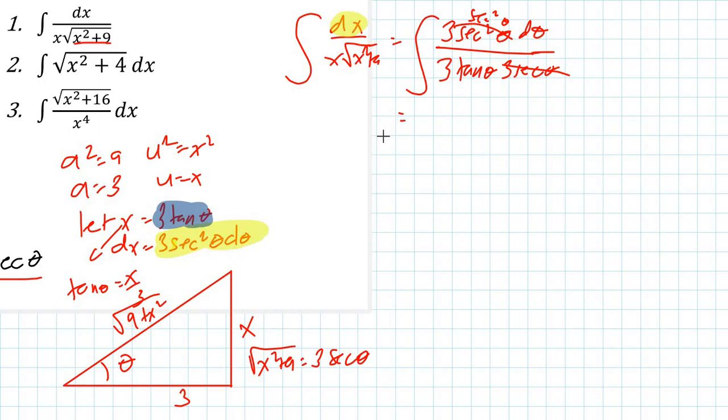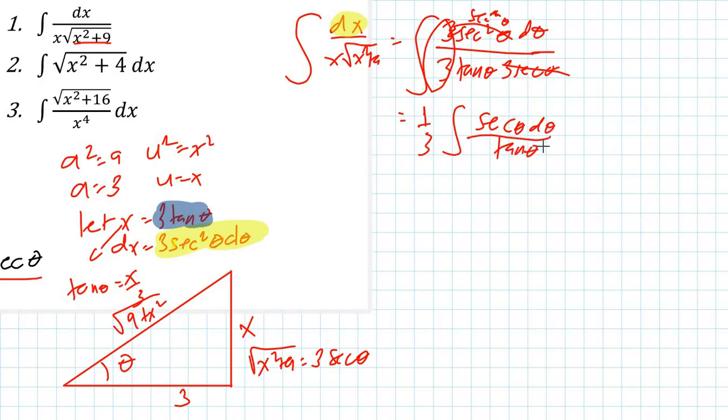For this one here, we're going to factor out the remaining 1/3. So it's 1/3 the integral of this secant squared, which simply becomes secant theta d theta over tangent theta.